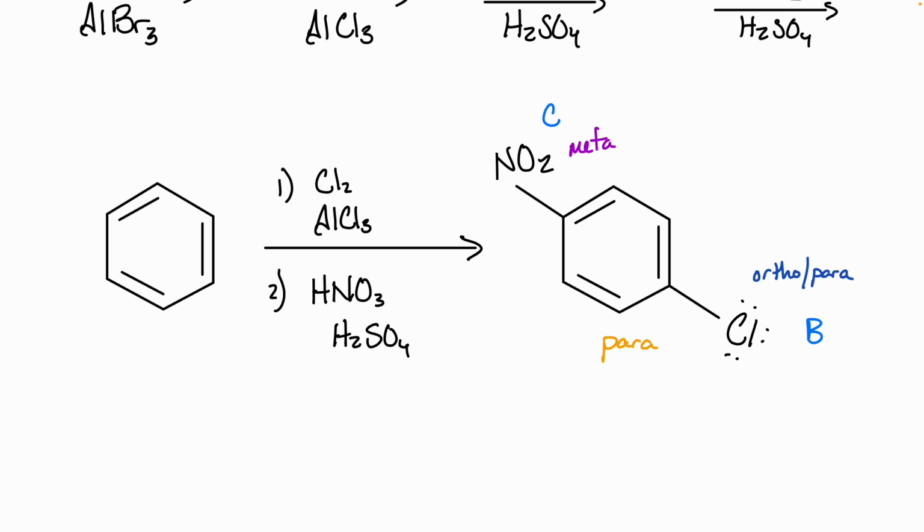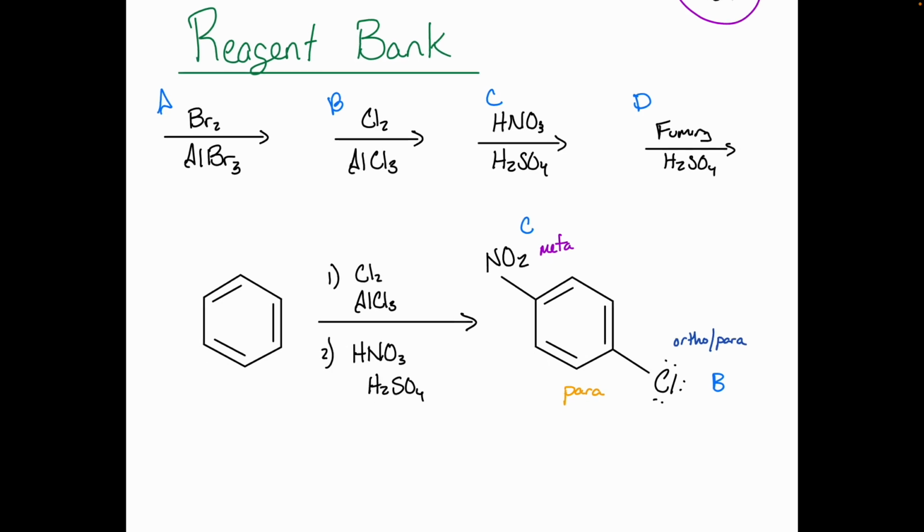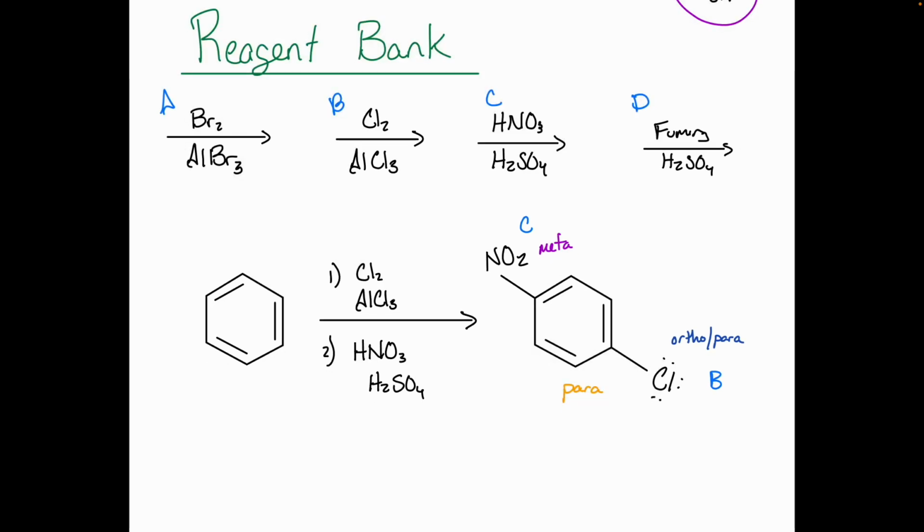So again, all of this goes to say we're going to use those same reactions over and over again, but the order in which we do them is going to be really important. Let's take these last few minutes to complete this reagent bank so we can be clear. I was trying to go a little quick so we could squeeze in some examples.